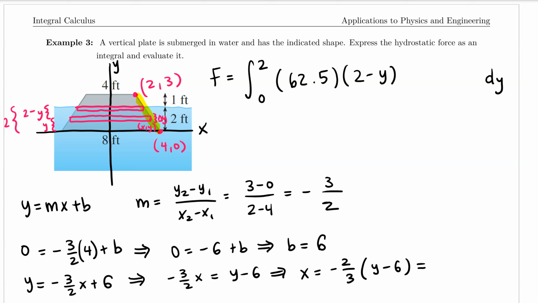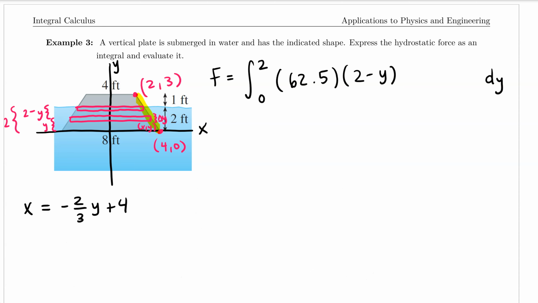I'm going to go ahead and distribute the negative 2/3. So that's going to be negative 2/3 y. And then, let's see, 2 times 6 is 12, divided by 3 is 4, and it's going to be positive. All right, so we have the equation x equals negative 2/3 y plus 4.